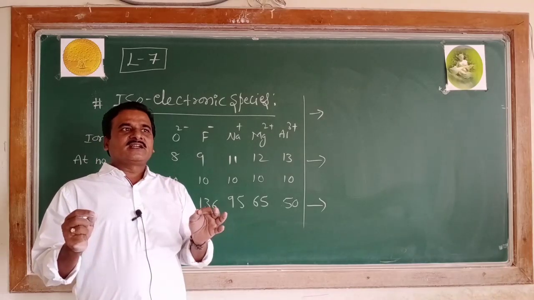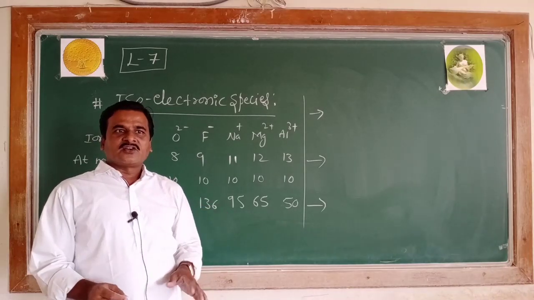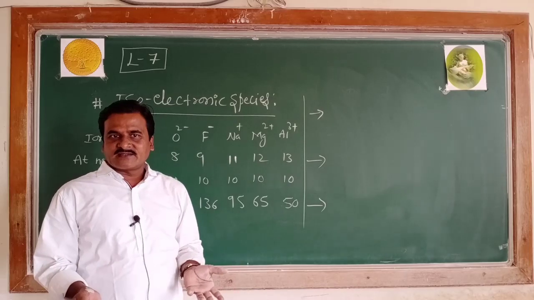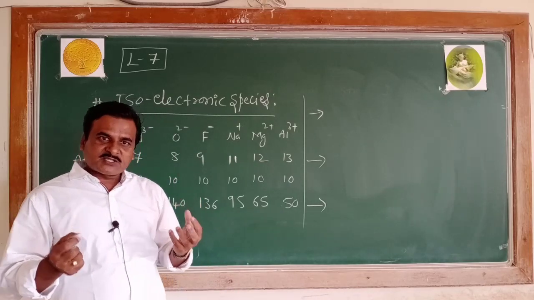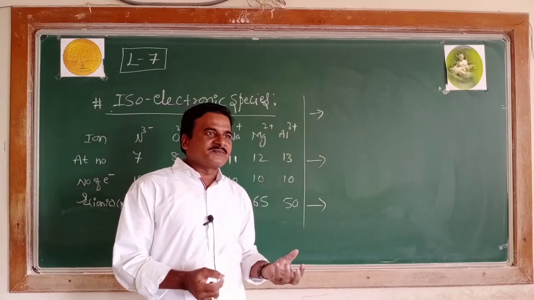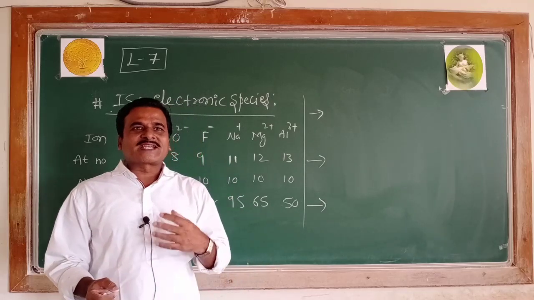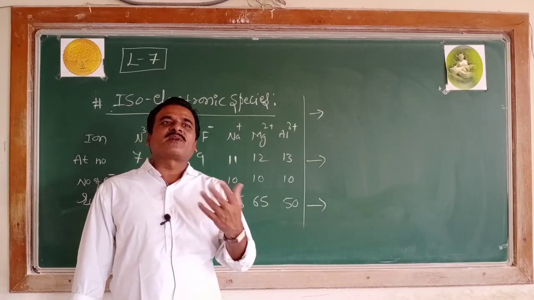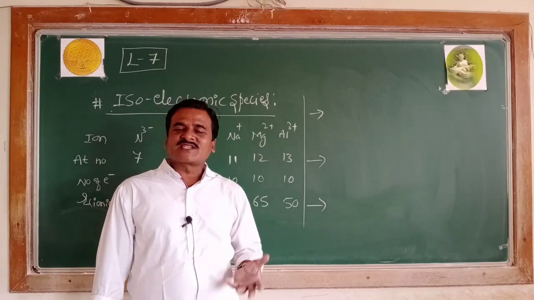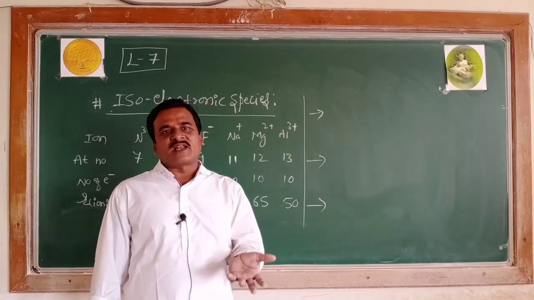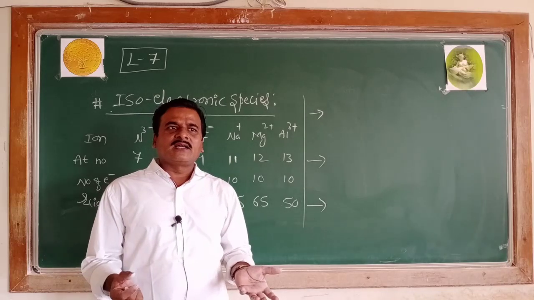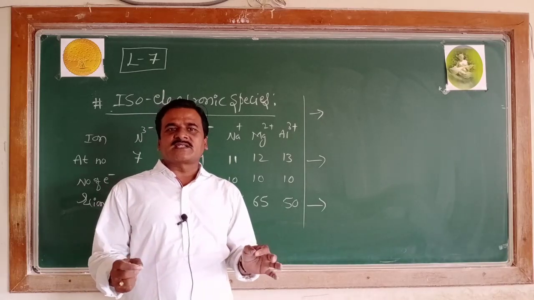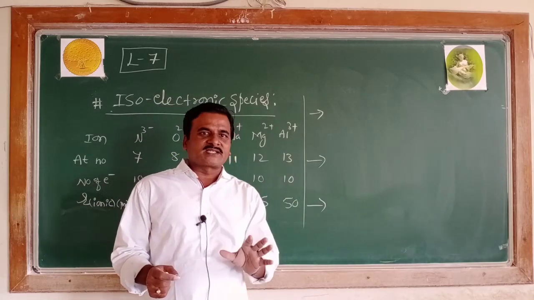It is the chemical species of different atoms or ions which contain the same number of electrons in them; they are called isoelectronic species, as the title itself says.